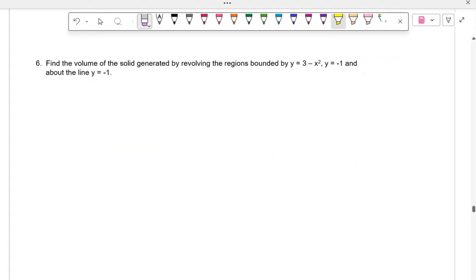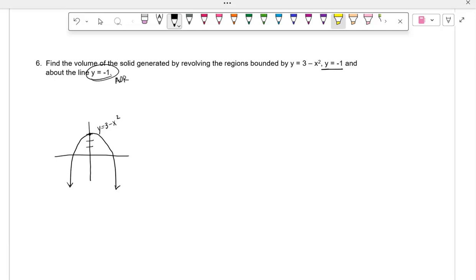The last one that we're actually going to do is this number 6. So we're going to go ahead and start by graphing this. When we graph this, this is going to be a concave down parabola starting at 3, and you don't really care where you hit the x-axis because one of my graphs is y equals 3 minus x squared, but the other one is y equals -1, and we're revolving around this y equals -1.